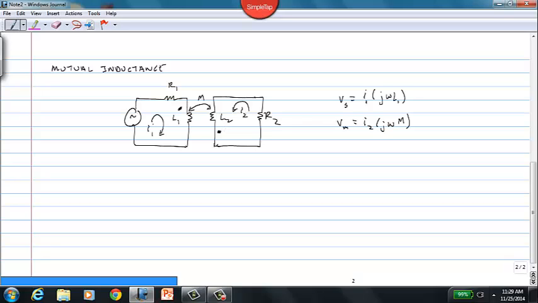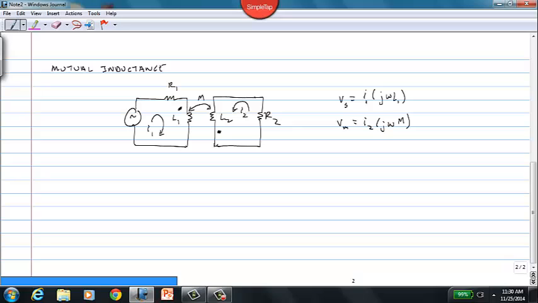So because I1 flows into the dotted terminal of L1, the voltage induced across L2 by the mutual inductance is positive at the dotted terminal. So we say that when the reference direction for current enters the dotted terminal, the reference polarity of the voltage induced in the other coil is positive at the dotted terminal.